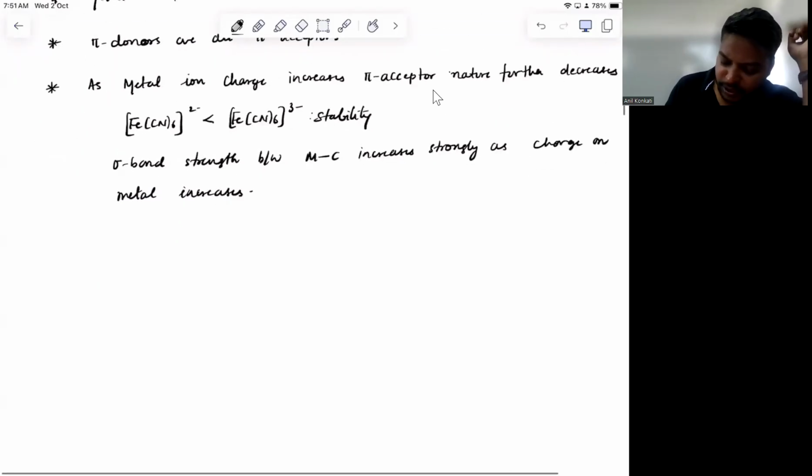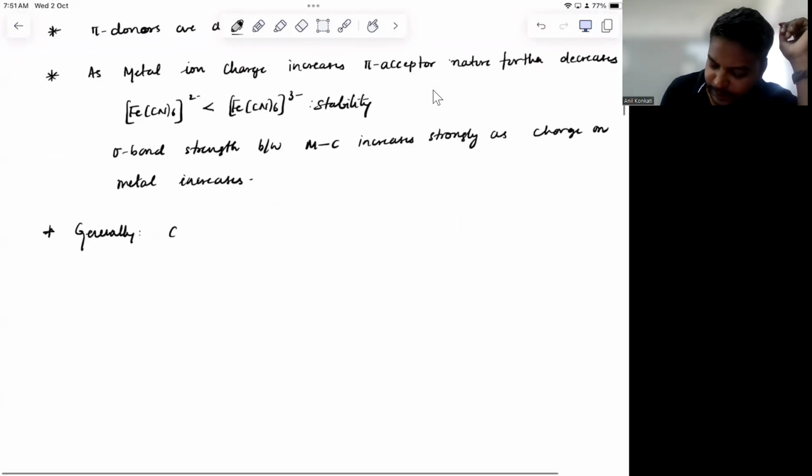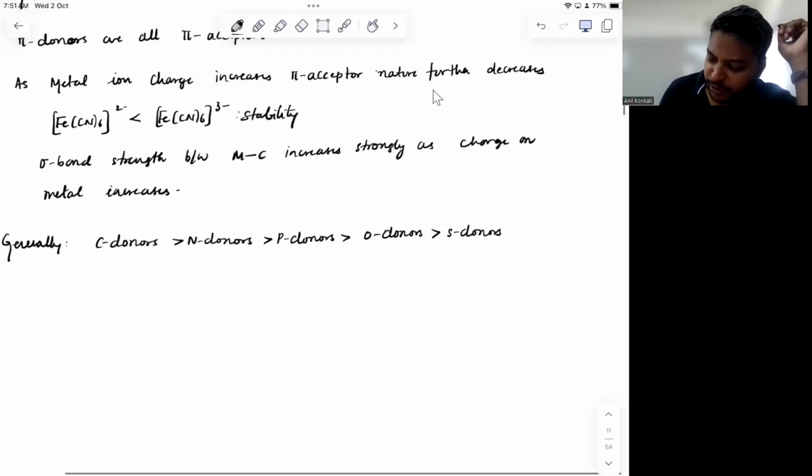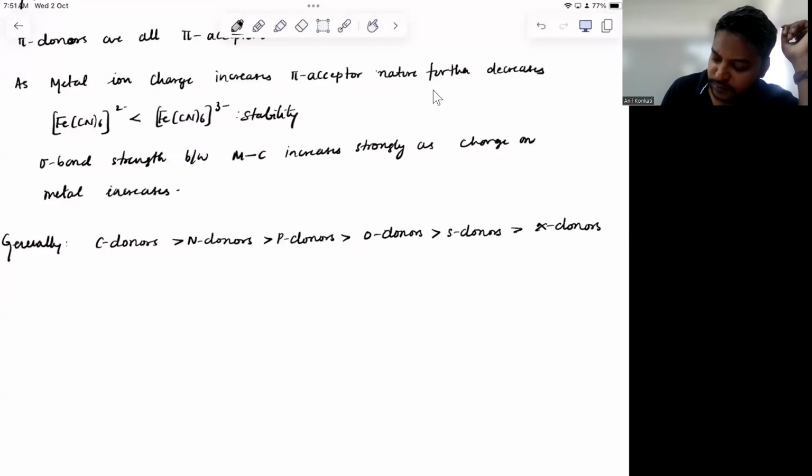Now, generally, carbon donors are very strong donors compared to nitrogen donors, compared to phosphorus donors, compared to oxygen donors, compared to sulfur donors, compared to halogen donors.